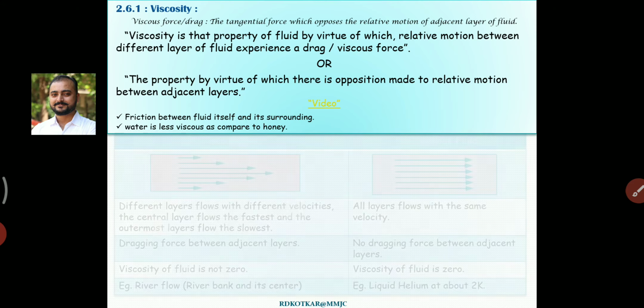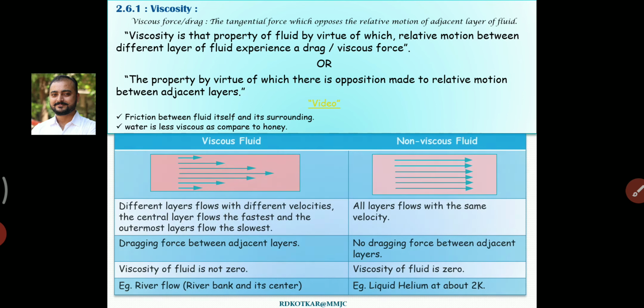Then we have to discuss the difference between viscous fluid and non-viscous fluid. As you observe in the diagram, in the case of viscous fluid, the different arrows have different values of speed. The length of the arrow indicates the magnitude of velocity.